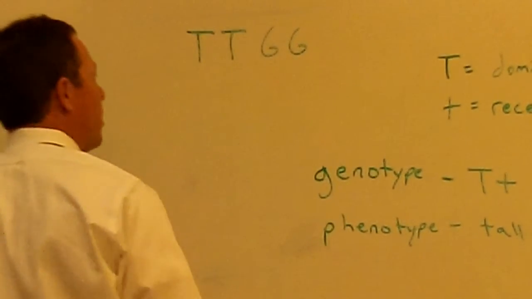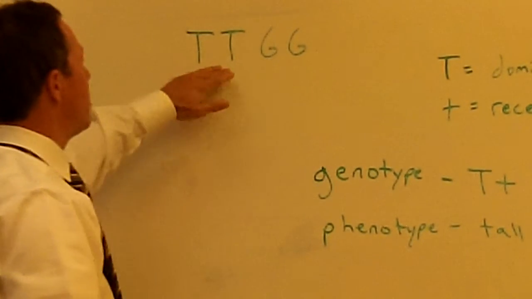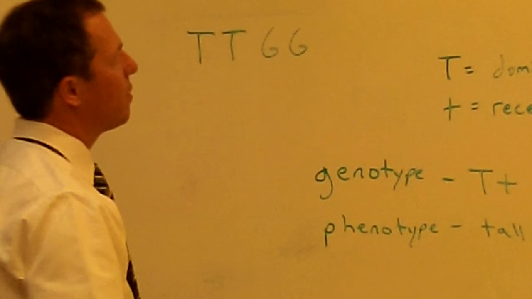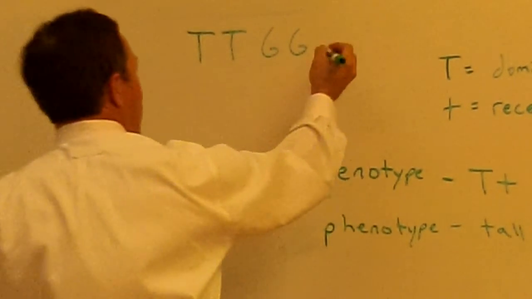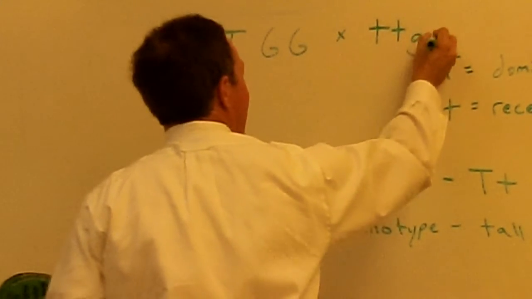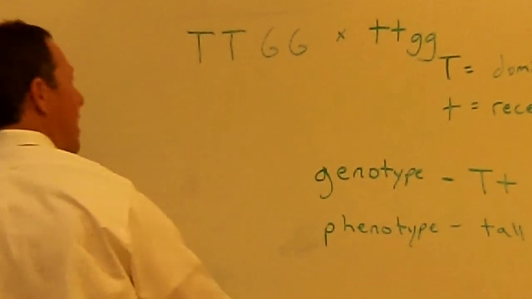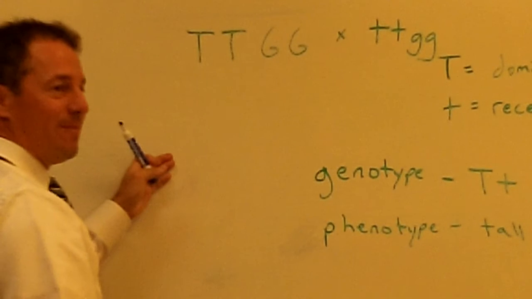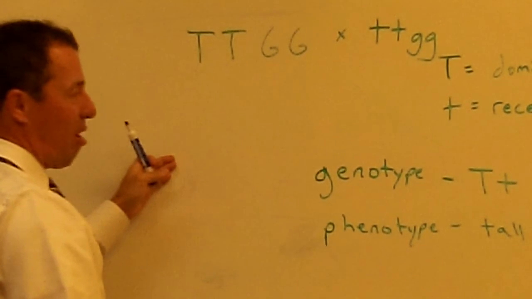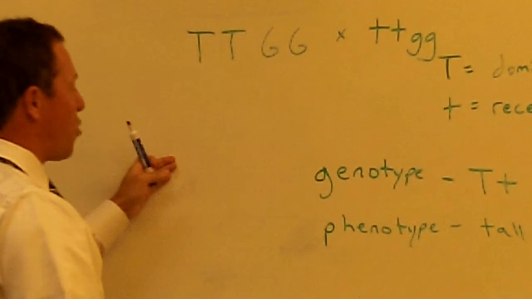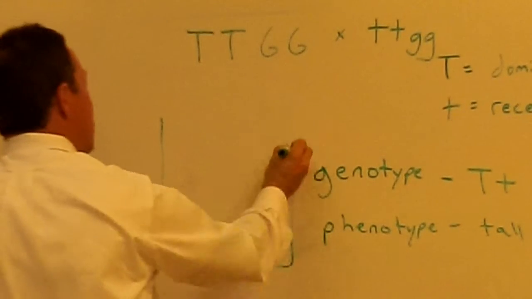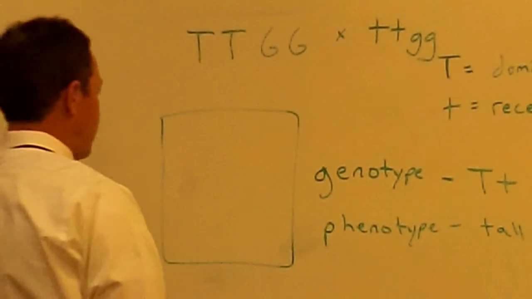Green pods are dominant over yellow pods. Tall and green. If you cross a tall and green with a short and yellow pod, how are you going to do this problem? It's going to involve a larger set of squares, and those squares can get up to 16 in size.